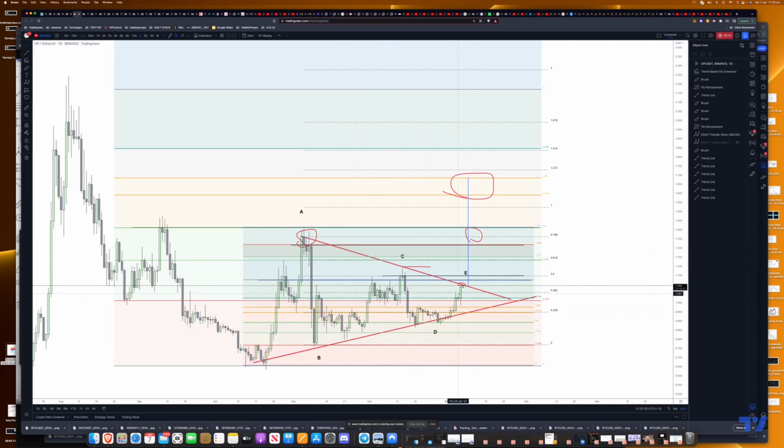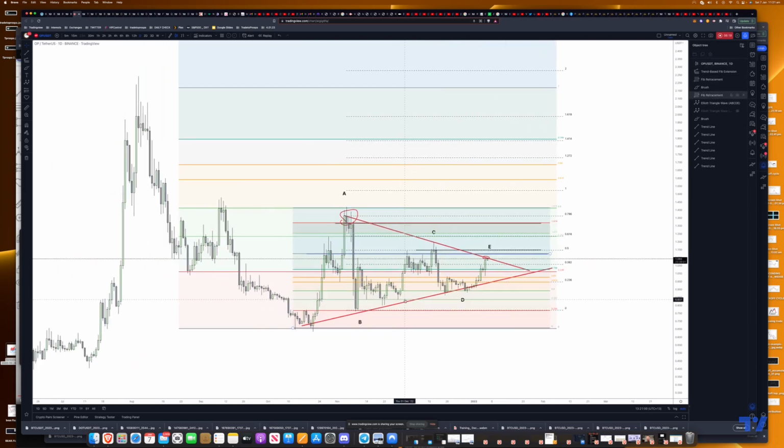So this triangle, I don't think it is the case. Yep, it fits, but the behavior within, it's not. So I don't think this is going to be a measured move at all. So what we can see from here is we might just hit this flat level and then take it as it comes. So yeah, the triangle, I don't think it's playing out, but I could be wrong.